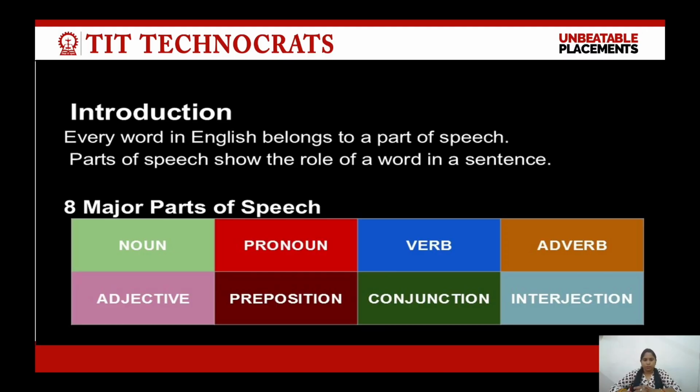Next part of speech is conjunctions. Conjunctions are words which join two or more ideas, two or more sentences, two or more pieces of information. For example, and, between, however, thereafter, therefore.